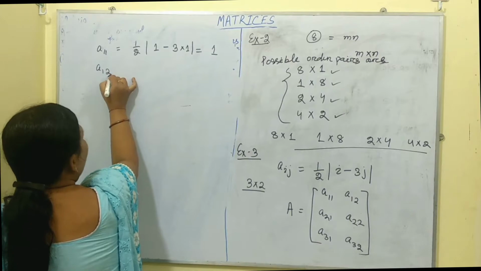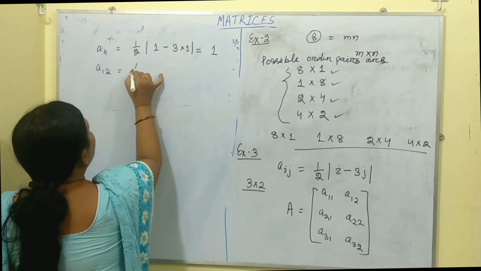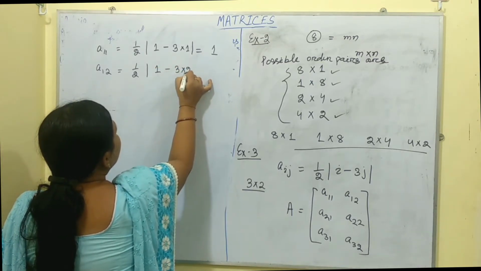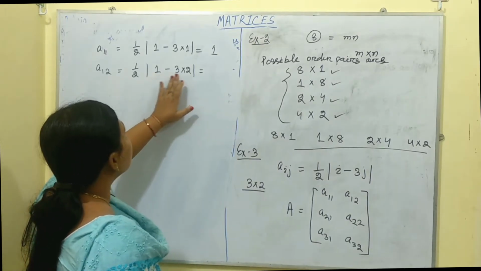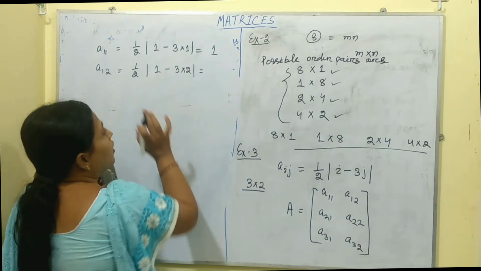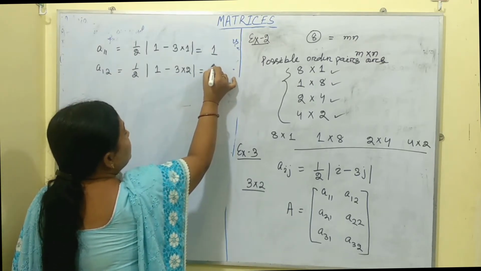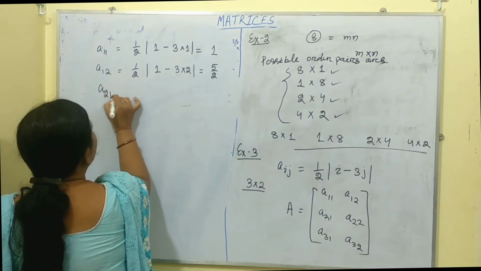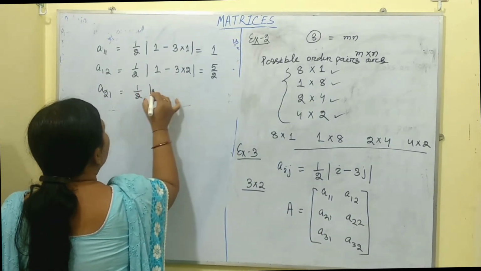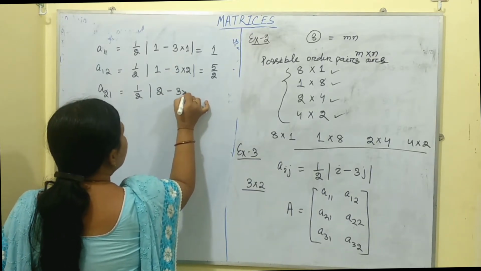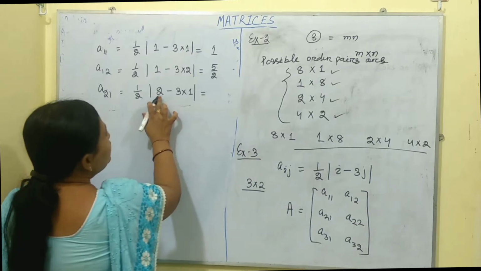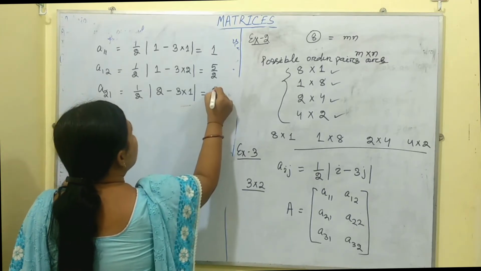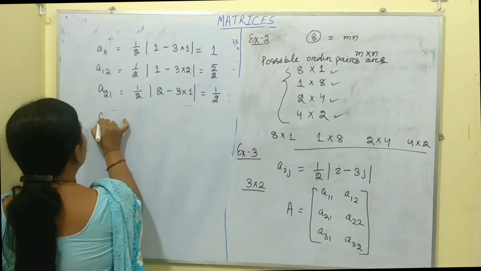Next A12: half, 1 minus 3 into 2, that is 1 minus 6, equal to minus 5. Modulus of minus 5 is 5. So this is 5 by 2. Next A21 is half into 2 minus 3 into 1, that is 2 minus 3, equal to minus 1. Modulus of minus 1 is 1. So that is 1 by 2.